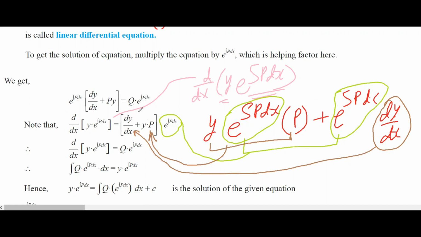मतलब ये चीज ये है, तो आपने इसको यहाँ लिखा है, और ये जो q है वो ये है. So q, ये पूरा चीज को आपने q में लिखा है.